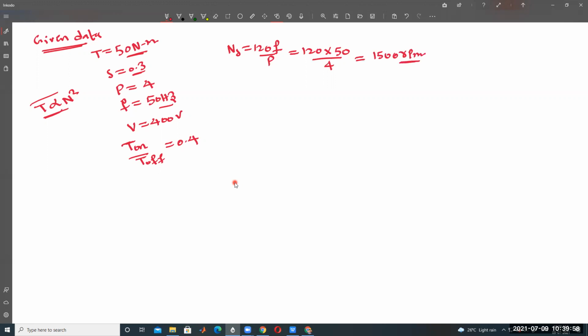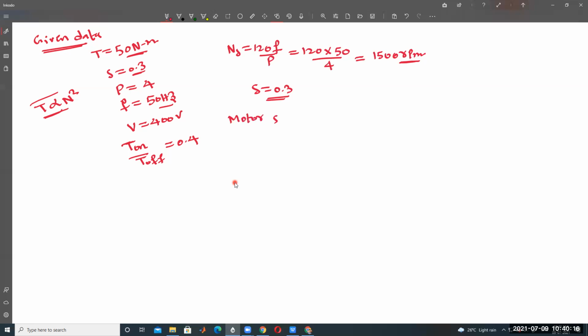So what is the slip here? Slip is equal to 0.3, given. And for the motor speed, what is the formula?